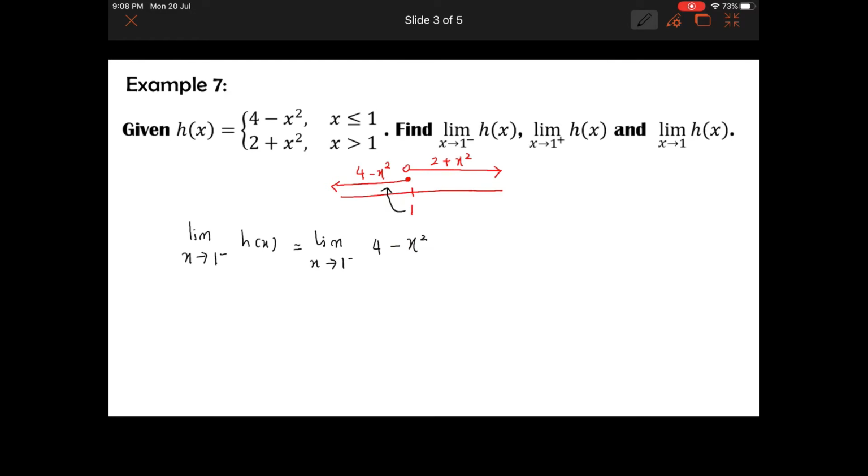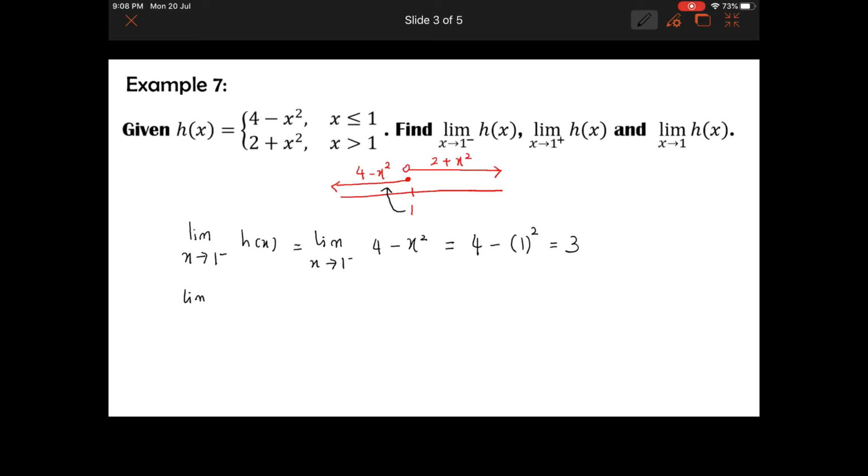Be careful here, you must choose the correct function. After that, directly substitute as usual to find our limit. Substitute 1 into our function, and we're going to get 3 as our final answer.